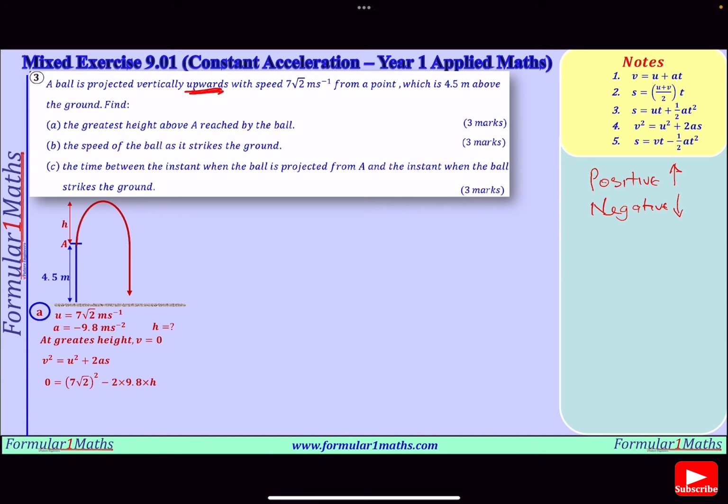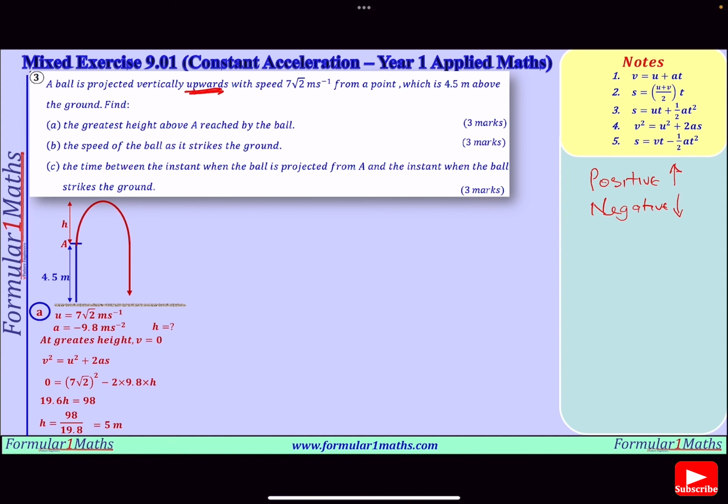We get 0 equals (7 root 2) all squared minus 2 times 9.8 times h, where h is replacing the s. If you simplify this, you get 19.6h equals 98, and solving for h will give 5 meters. And so the greatest height reached above A is 5 meters.